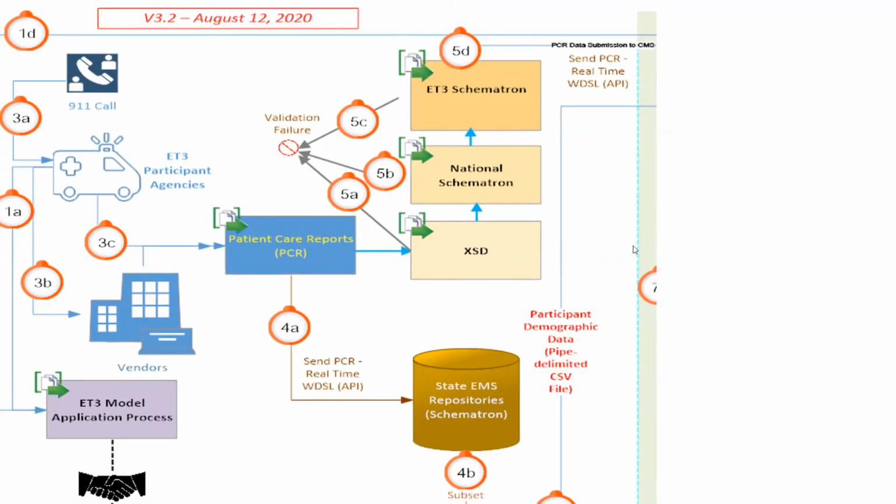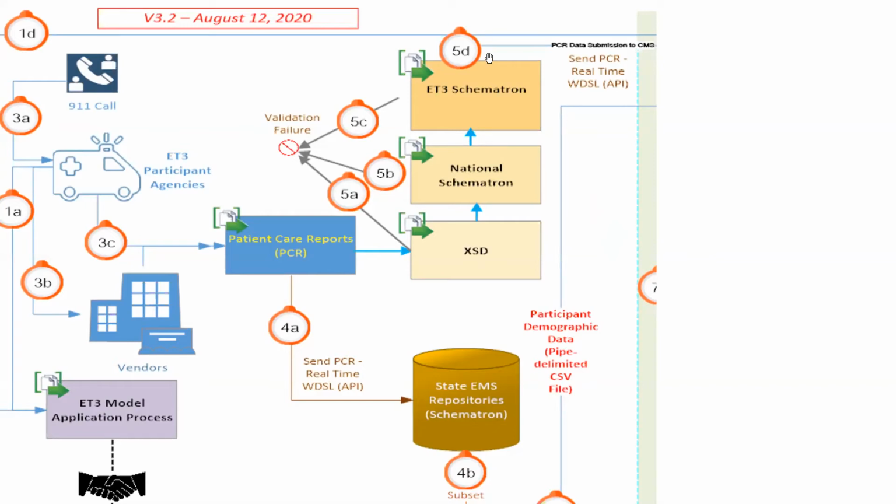But in the order, the XSD is the first validation, then comes the national schematron validation, and then the ET3 schematron validation. And those validations, again, should be unique to the data elements that are being validated. So if we do have a failure, let's say with the national schematron, the failure on the ET3 schematron is going to be of different data elements that we're responsible for validating.